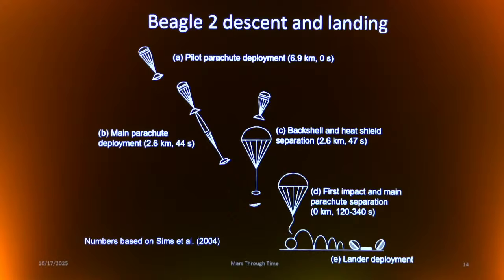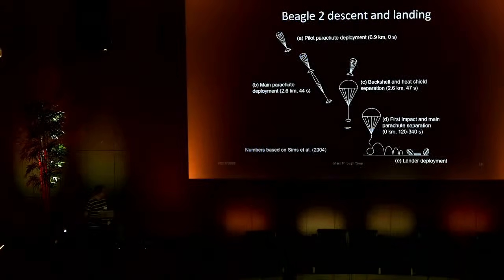In the HiRISE image, which I'll show a bit later, you can see the location of the heat shield and the parachute and the back shell. So we fit the trajectory model to those points.